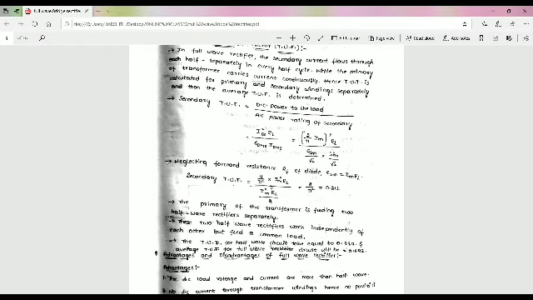In a half-wave rectifier, the TUF is only 0.287. In a full wave rectifier, we get 2 half waves, that is 2 into 0.287, which is equal to 0.574.